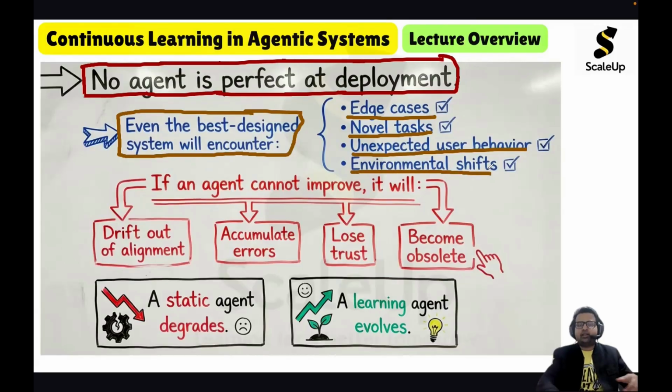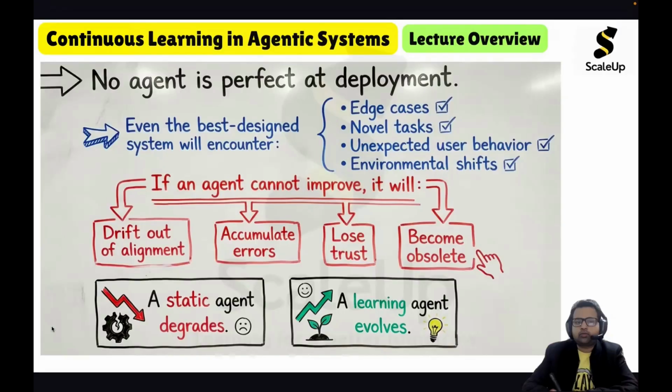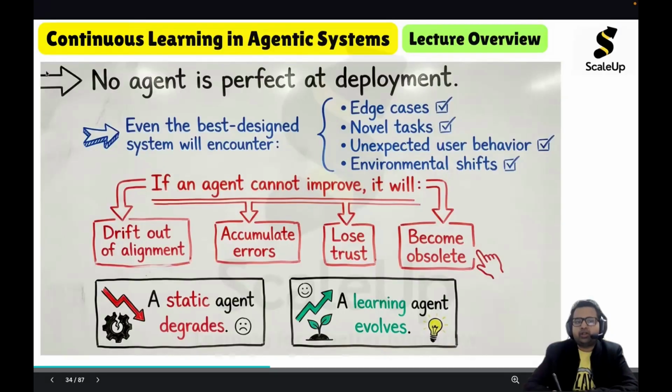The agents you design cannot cover all the possible scenarios. There might be many edge cases which will be left out. There will be many novel tasks which the agent might encounter after deployment. Unexpected user behavior is very common because the agent will be in a very uncertain world.